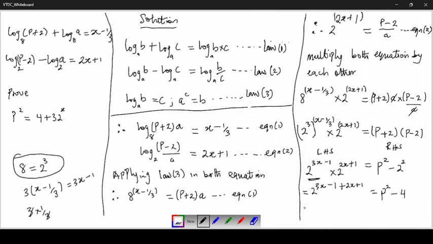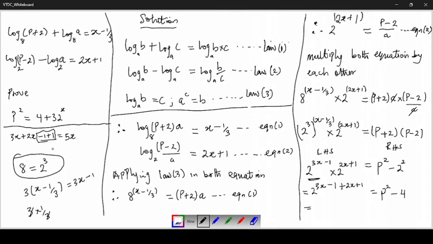If we collect like terms for the powers, that means we are going to have 3x plus 2x, and then minus 1 plus 1, which is equal to 5x, and then we have 0 for these two numbers.